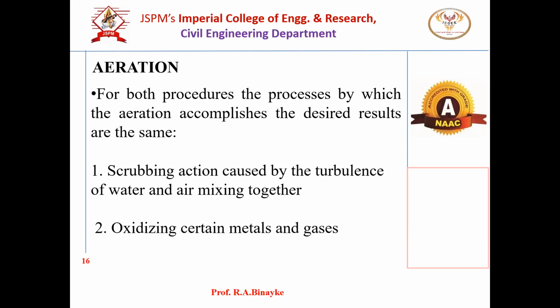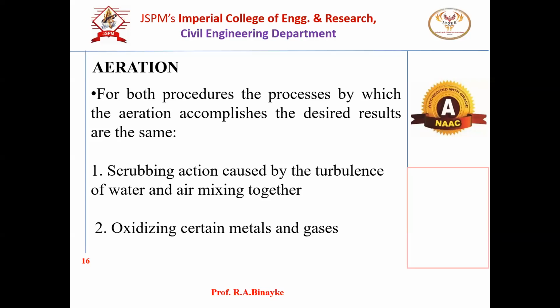And oxidizing certain metals, like, as I have previously told you, ferrous. Ferrous means iron. Iron gets oxidized, and precipitation takes place. Precipitation means the ferrous, which has a reddish color, gets oxidized, and then settlement of that ferrous oxide takes place at the bottom, and that sludge is removed.